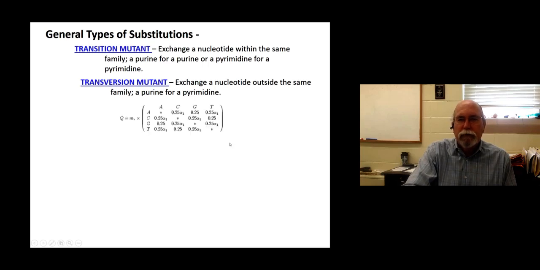In fact, when we set up those little trees like you did in lab, where we just examined the number of changes between a couple of sequences, we said, okay, just count them up, and you can build a little phylogeny or a little tree showing the relationships based on that gene segment. Well, there was a question in one of those labs that said, what else could you do? Well, one of the things you could do is look at whether you had a transition or a transversion change. And then you can weight those based on their probability.